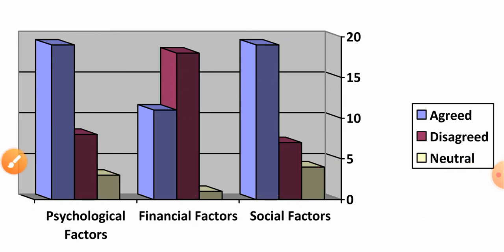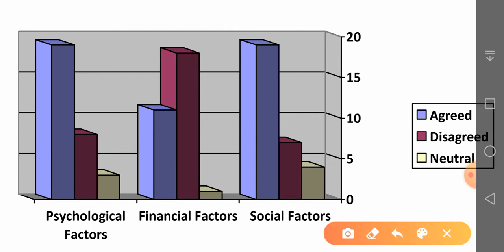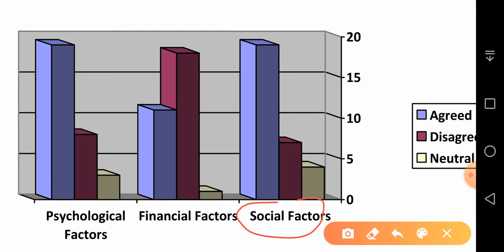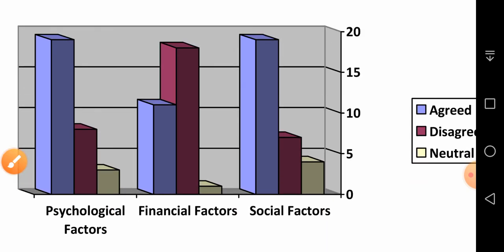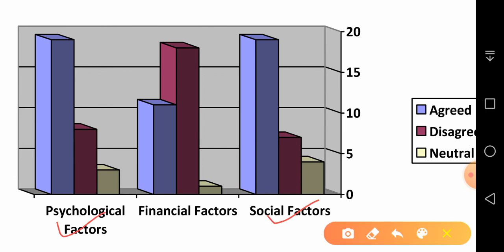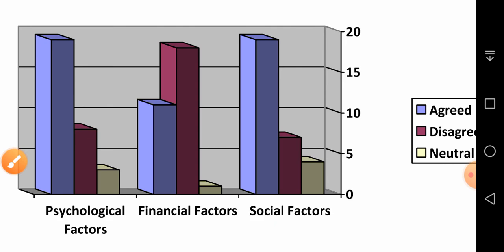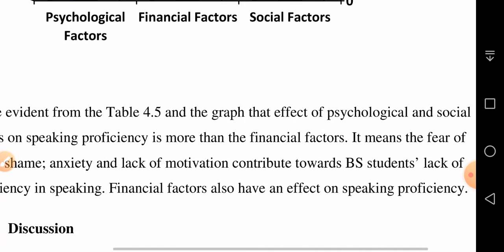Same here. As you can see, agreement on social factors and psychological factors is quite high. It means the majority of students, out of 30, let's say 22 or 25 students, or 80% students, agreed that psychological and social factors are the reasons because of which a student can't speak English.